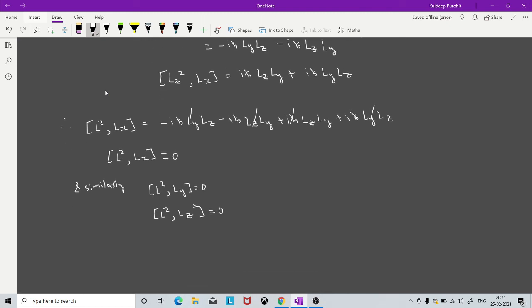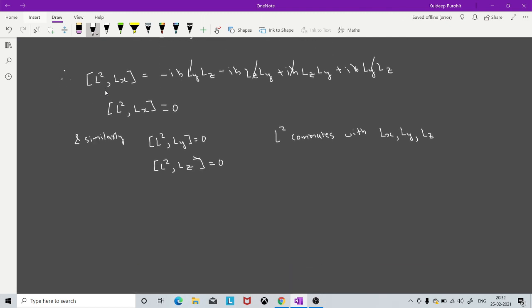That L square commutes with Lx, Ly, and Lz, all. It independently commutes with Lx, with Ly, and with Lz.